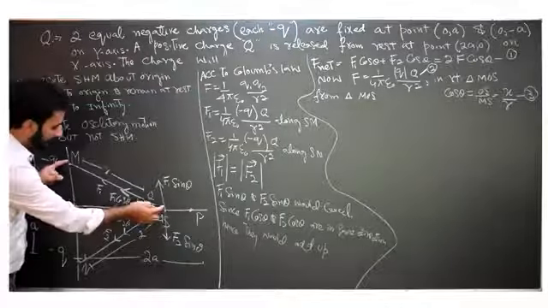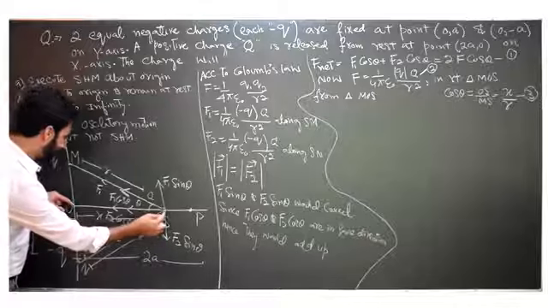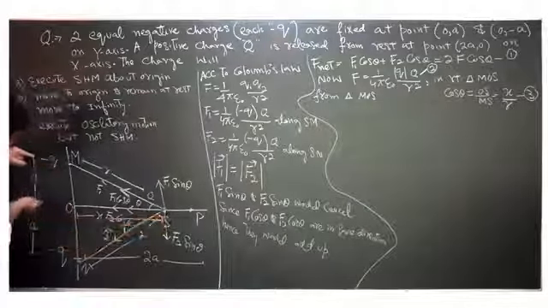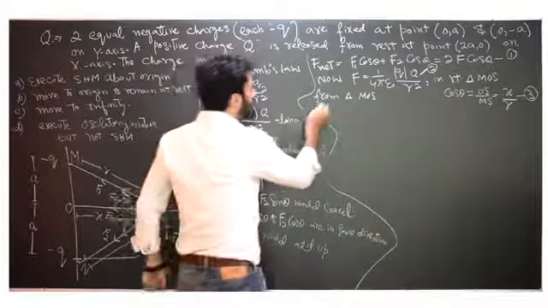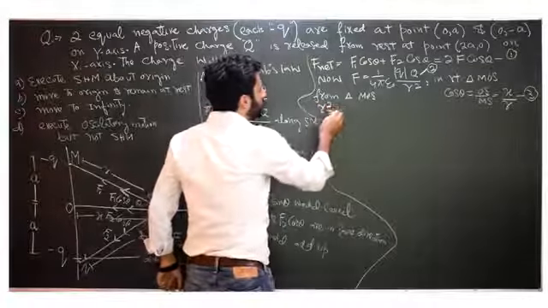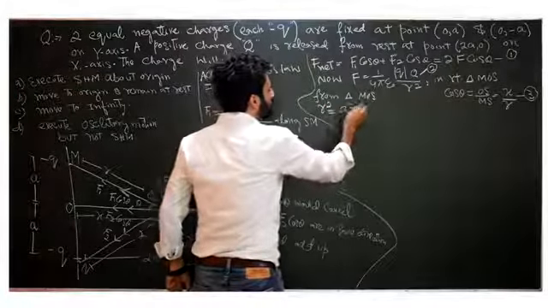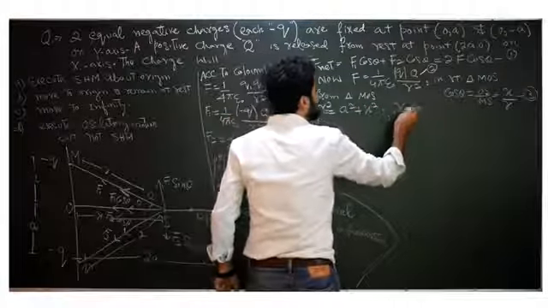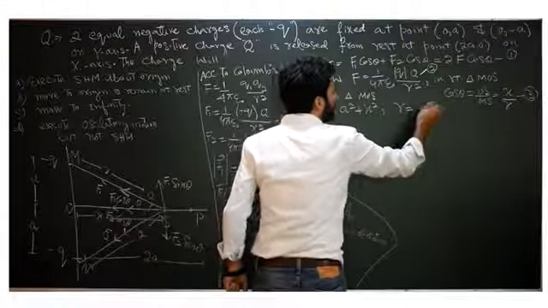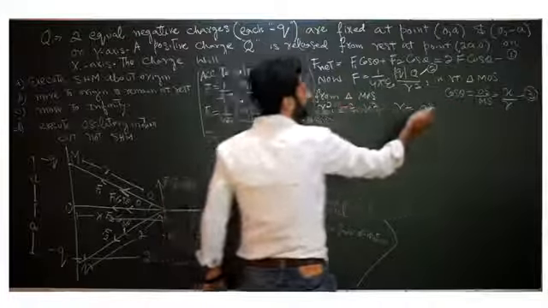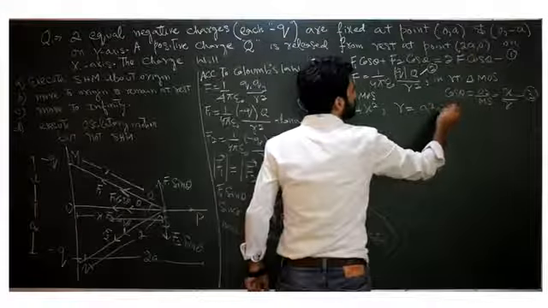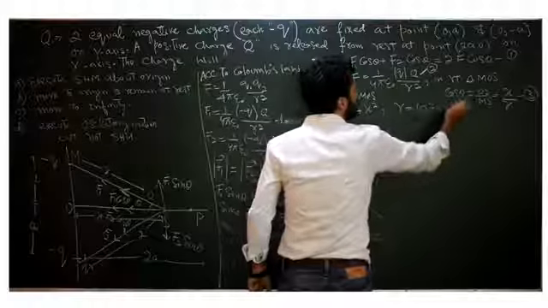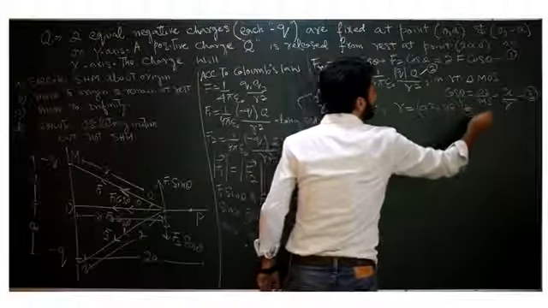So R square is equal to X square plus A square. Or R is equal to the root of A square plus X square, that is, A square plus X square power 1 upon 2. Let's call this equation 4.